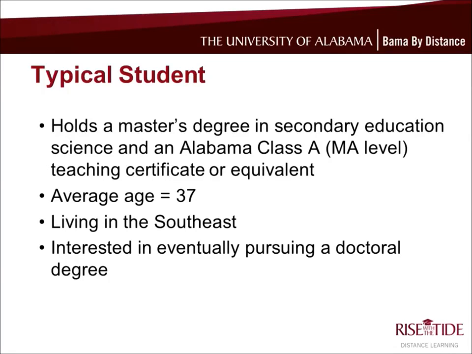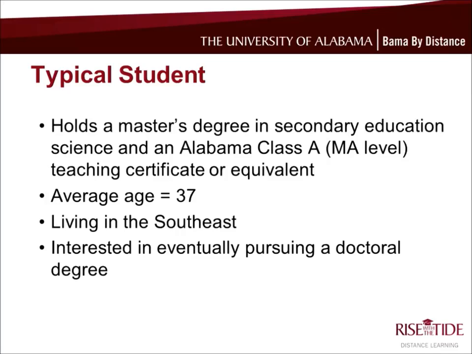The typical student has a master's degree in secondary education in science education and a second level teacher certification certificate. You'd receive, in Alabama, a B level as an undergraduate, and then as a master's degree student you'd receive the A level.